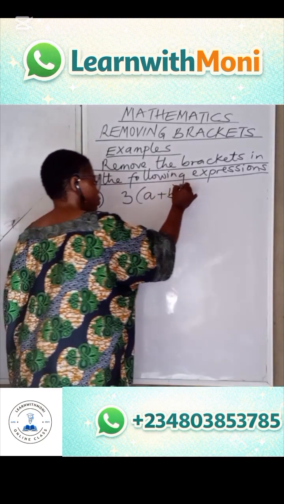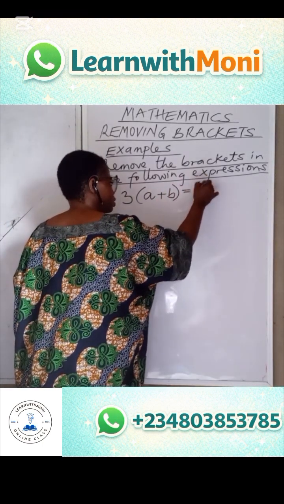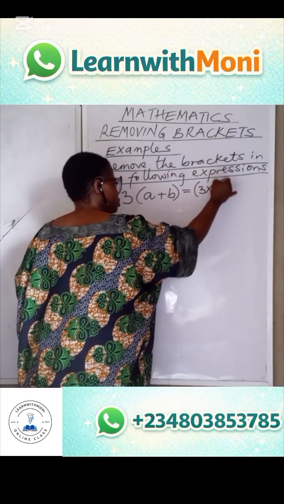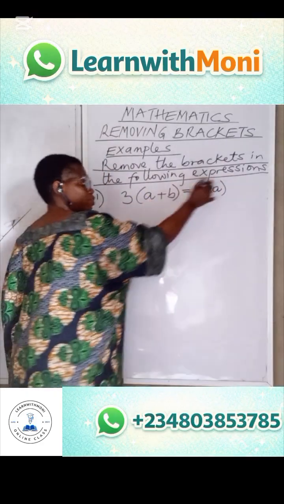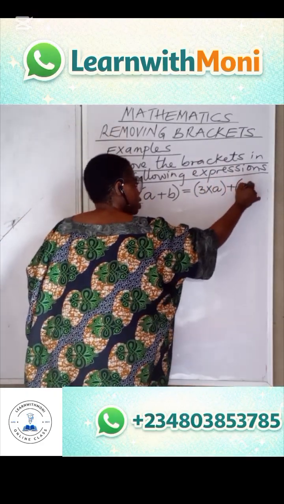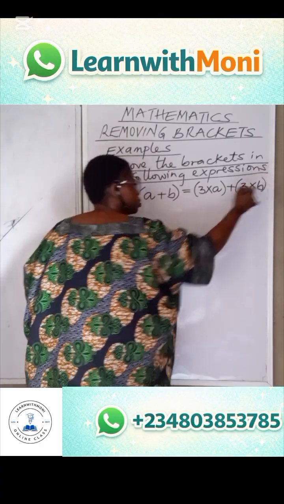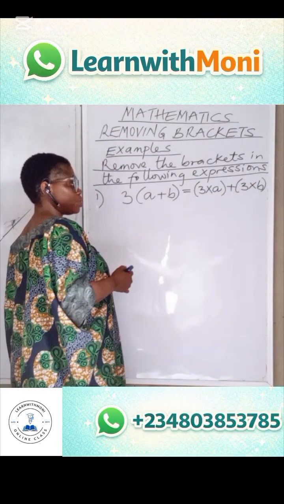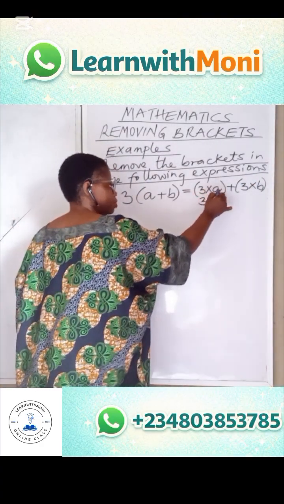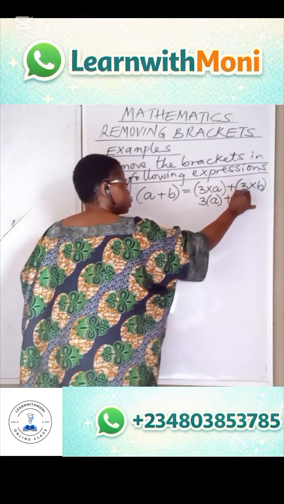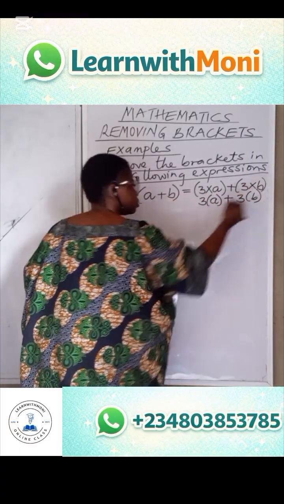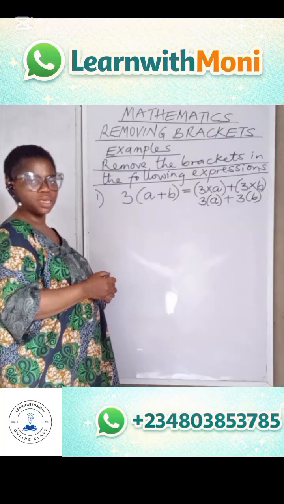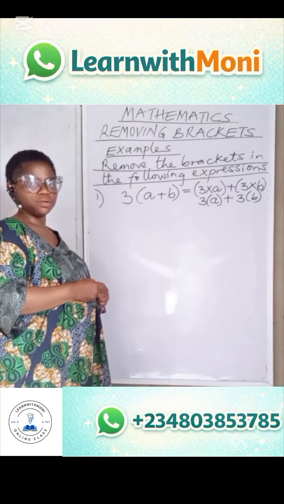This means 3 times a plus 3 times b. This can also be written as 3 bracket a plus 3 bracket b. Both of them mean 3 times a plus 3 times b.